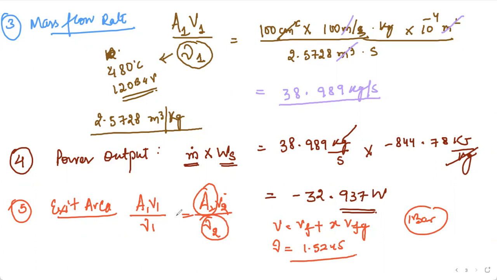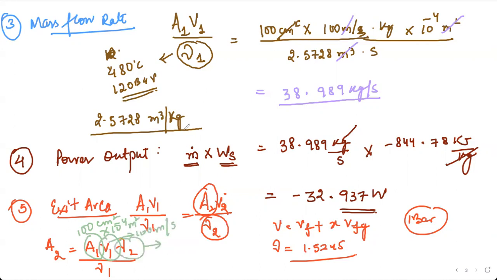Substituting all the values, we will get A2 as A1 V1 times specific volume 2 upon specific volume 1. If I help you with the value substitution, what is A1? It is 100 centimeter square multiplied by 10 to the power minus 4 meter square. What is the velocity? It is 100 meters per second.